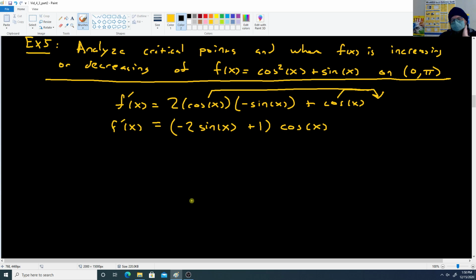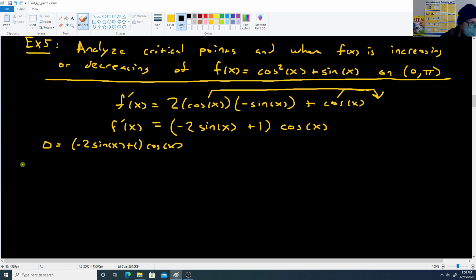Okay, this is just some sines multiplied together, add in some stuff, and then times a cosine. It's not going to go undefined anywhere, so we're just going to check for our critical points. We're going to check where the first derivative is equal to 0. So I got two things that multiply together to equal 0.